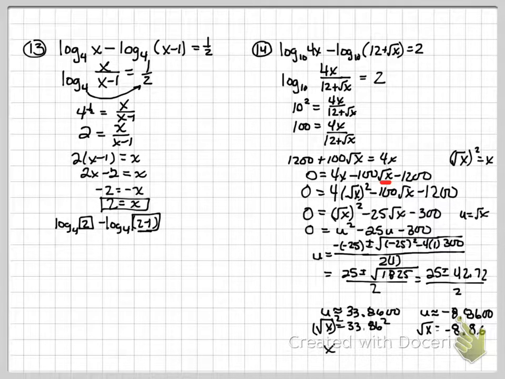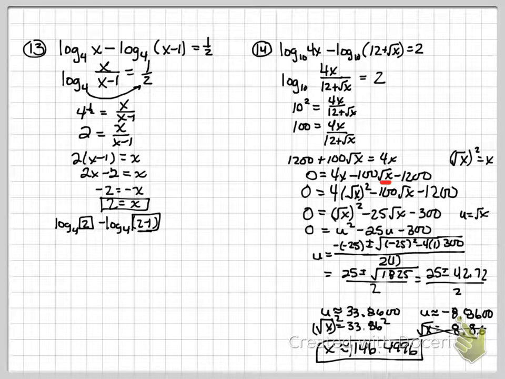And I get x approximately equals 1146.4996. I shouldn't put equals, it's approximately, because I've done some rounding. Now my second solution, square root of x equals negative 8.86. Square root's a positive, so I can cross this one out. And there's my solution for 14.